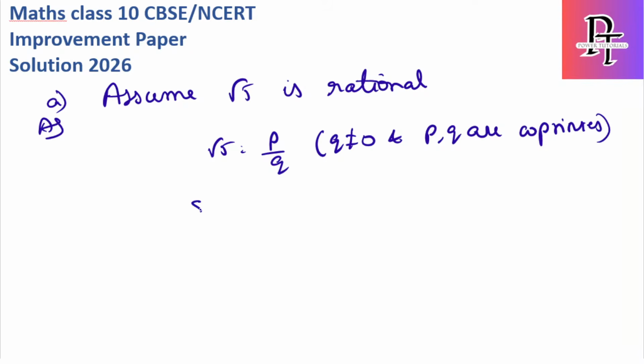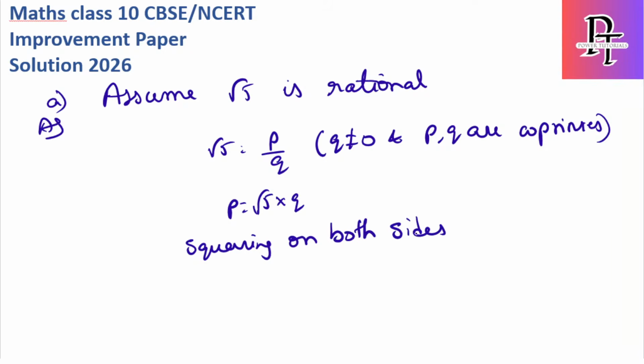So, moving q to the other side, p is equal to root 5 into q. Squaring on both sides, p square is equal to 5 into q square.